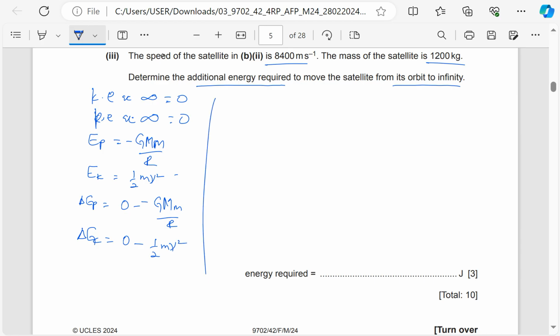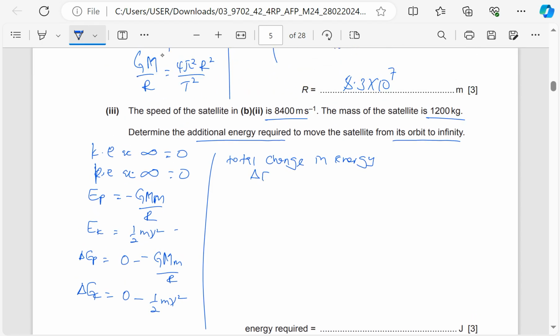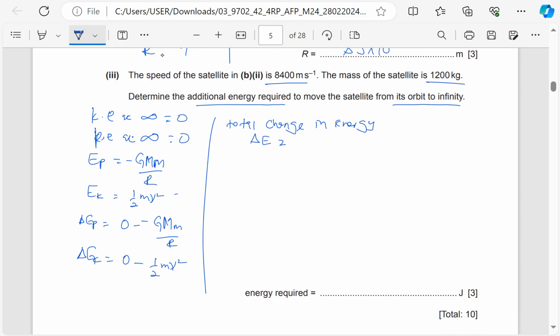So total change in energy, which I'll call delta E, is going to be the sum of these two. So it will be G capital M small m over R plus negative half m v squared.